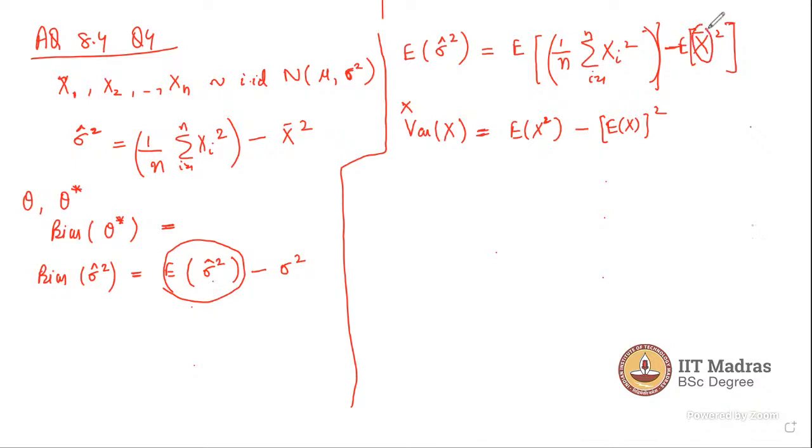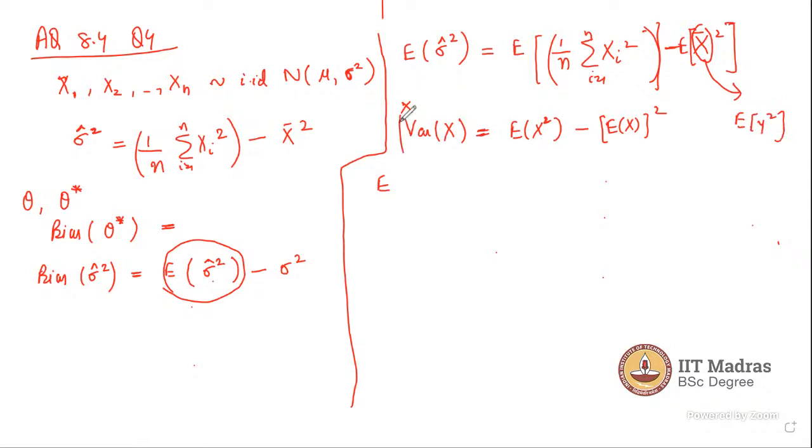Now we have here expectation of x bar square. So what is x bar? The sample mean. Yeah, but it is a random variable, right? So let's say I will write it as expectation of y square.